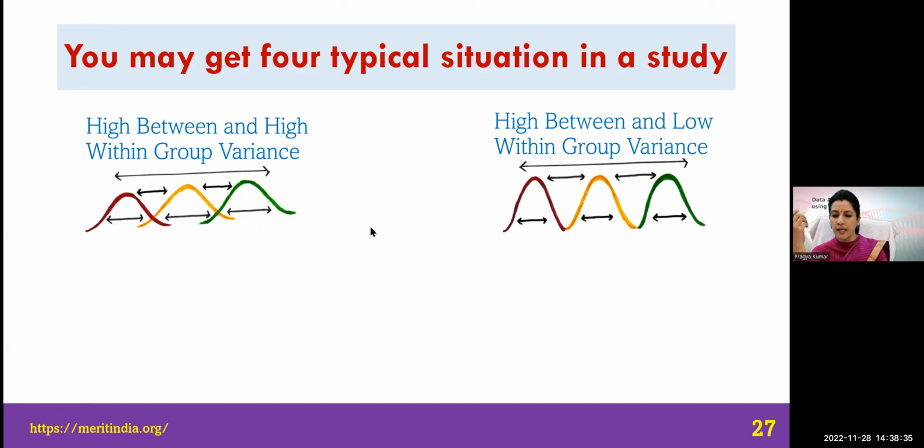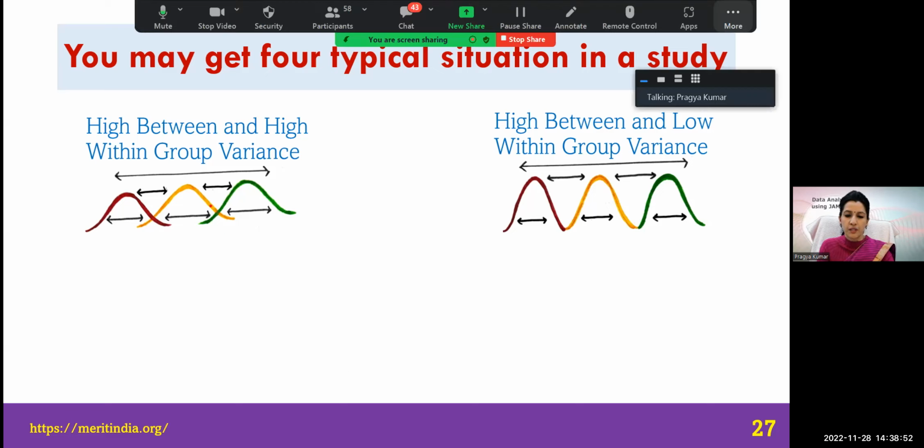But if you see the second one, there is no overlap between any of the graphs, so we say that there is high between. In the first case, actually, there should not be any overlap because there is a slight overlap here. That's why maybe you are confused. Ideally, we will get it corrected.